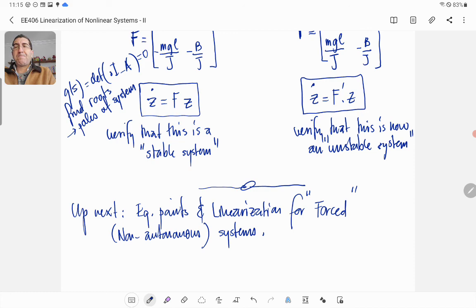That's going to be slightly different from the case of autonomous systems. Remember, for autonomous systems, we can have one or more equilibrium points, or we may not have any equilibrium points. And we will see that it's going to be slightly different with forced systems. Okay, so I'm going to break it here.